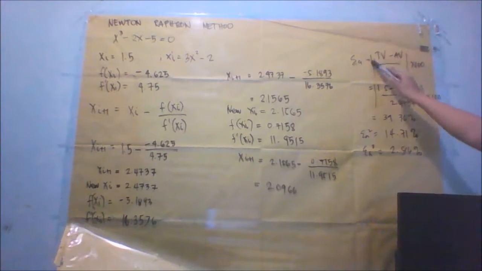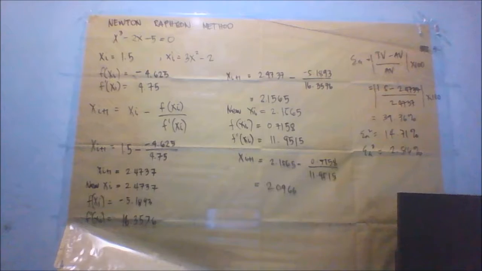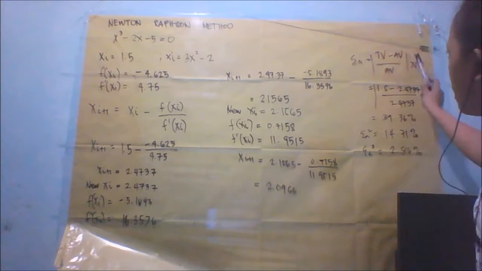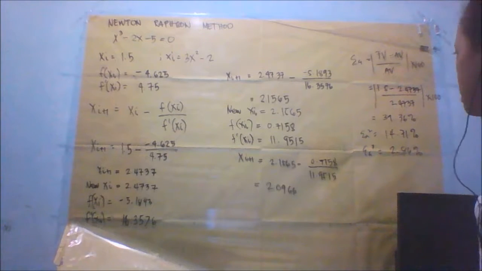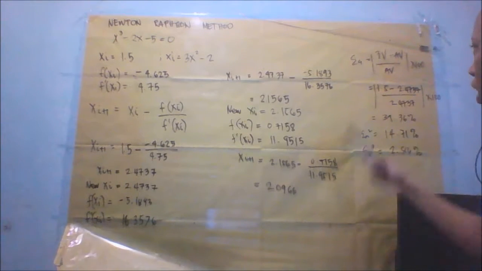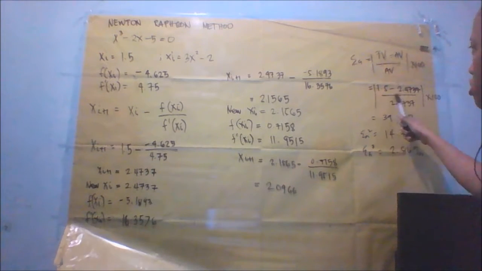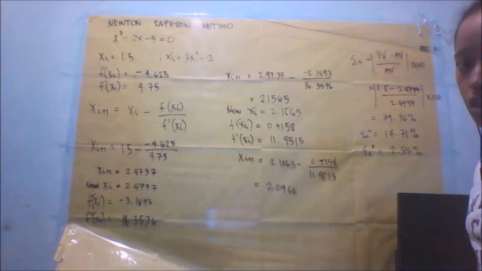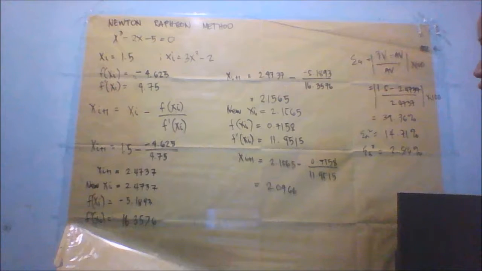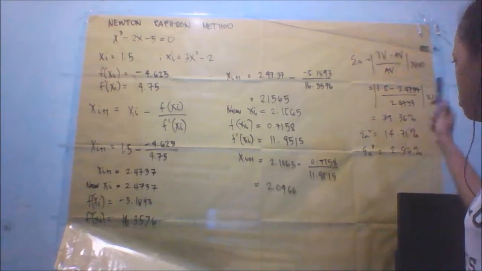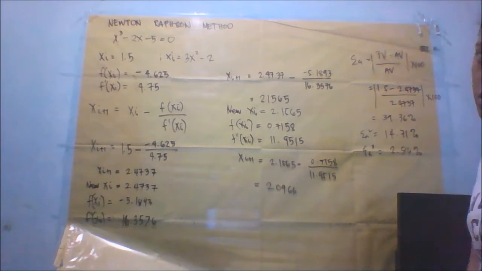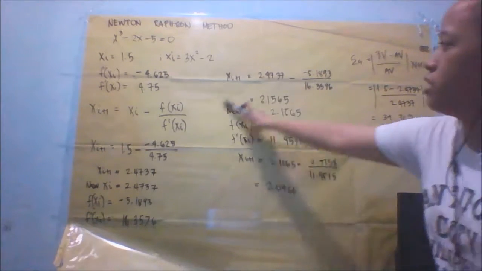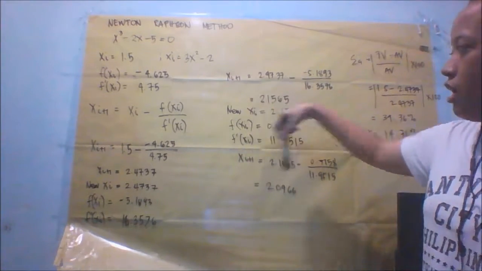Our true value will be the previous value, and the approximate value will be the present value. So we have 1.5 minus 2.4737 over 2.4737 multiplied by 100, which is equal to 39.36%.